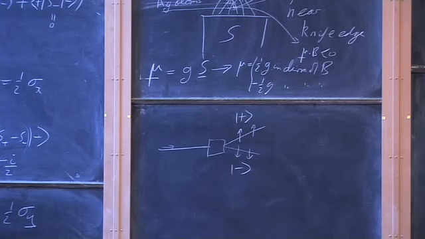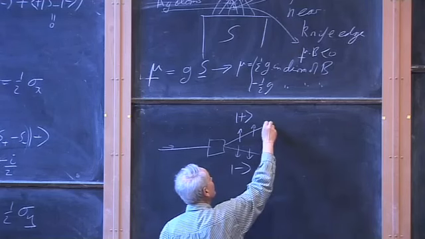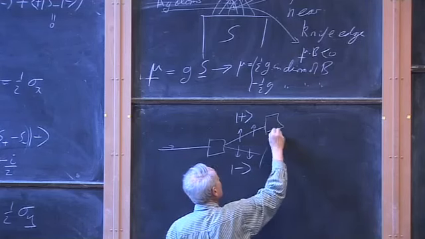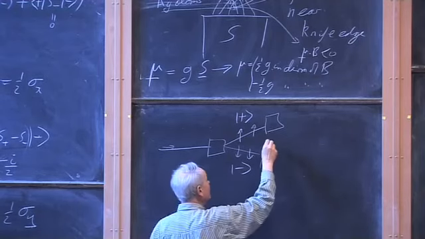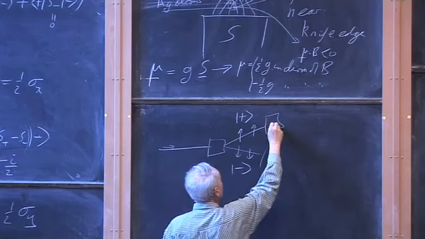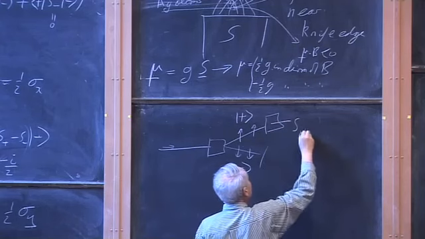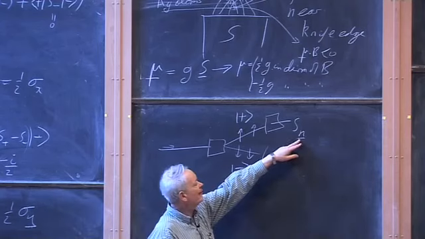And now you can play some entertaining games by installing another Stern-Gerlach filter. So let's just block these off, stop them being a nuisance. Stick in another Stern-Gerlach filter here. And now let's measure S sub n. So let's measure the spin along some unit vector n.